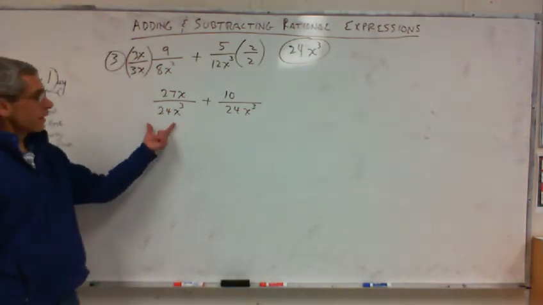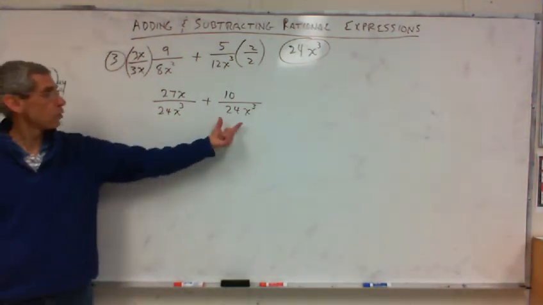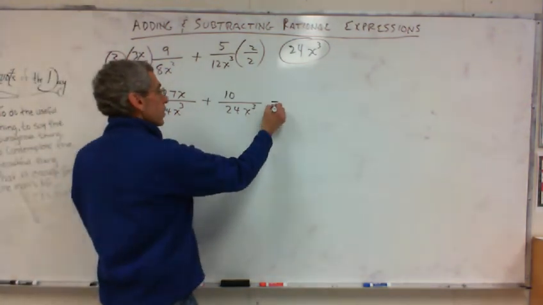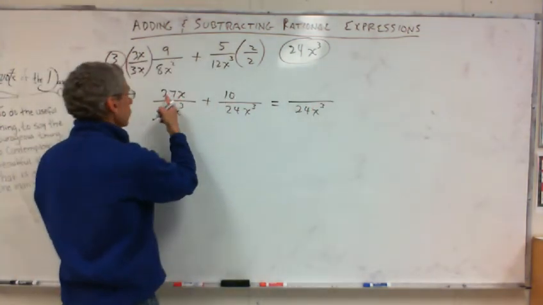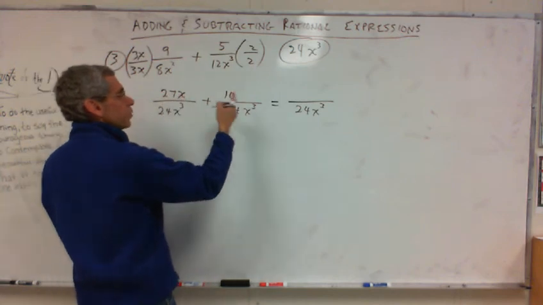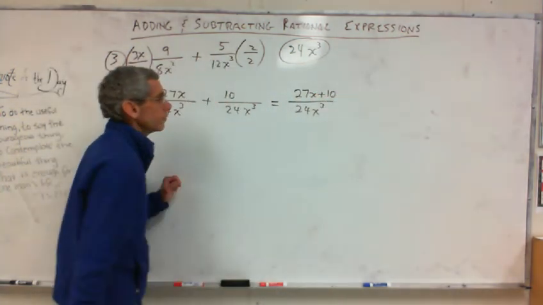Okay, now that I have common denominators, I can add the numerators and put them all over that same common denominator. So my denominator is 24x cubed. My numerator is 27x plus 10. 27x plus 10. That's the answer?